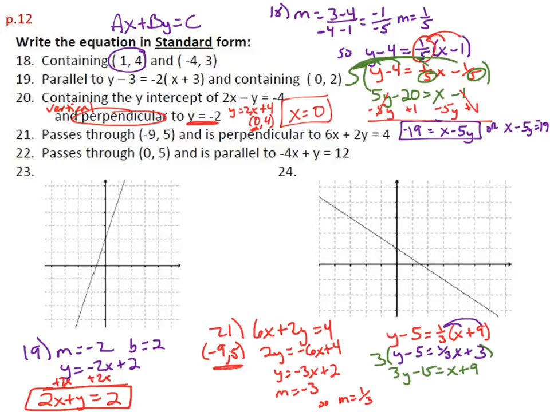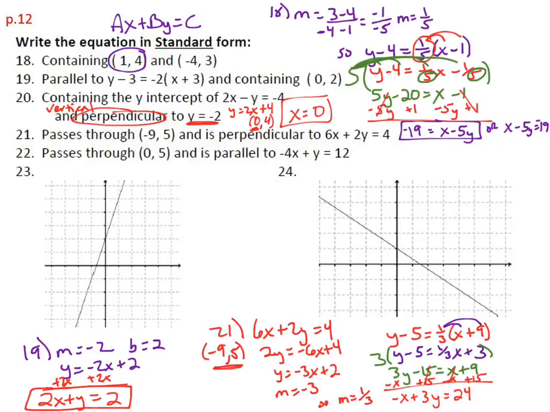So I'll move everything around. If I move my x over here and then add my 15 here, you want to be very careful: -x + 3y is equal to 9 + 15, which gives us 24.